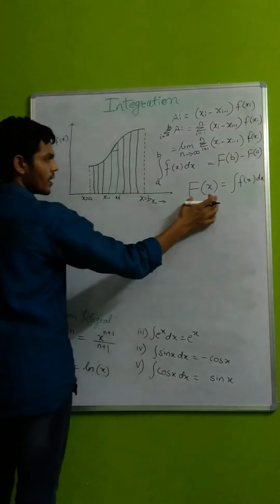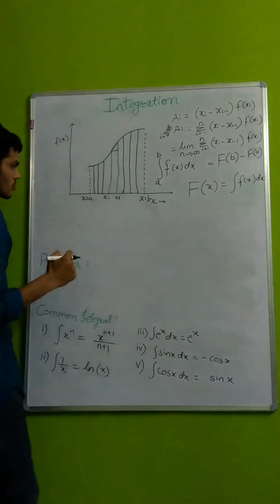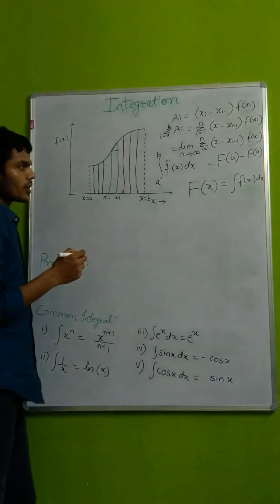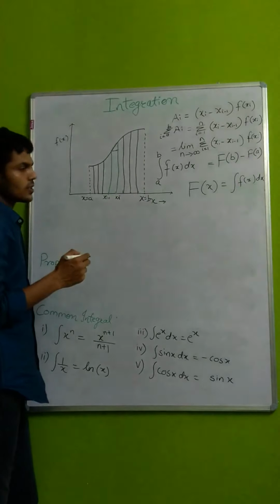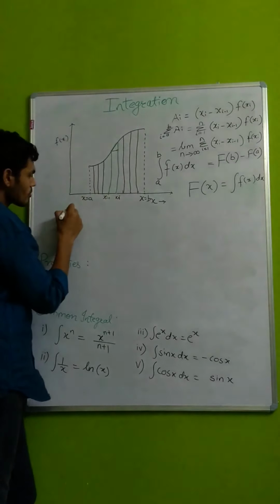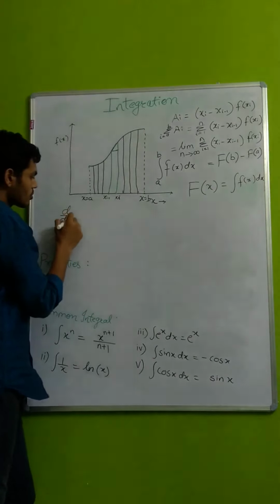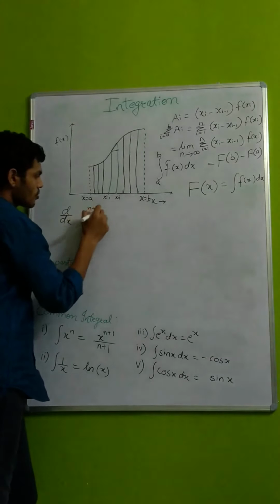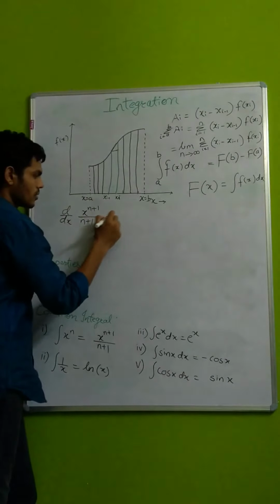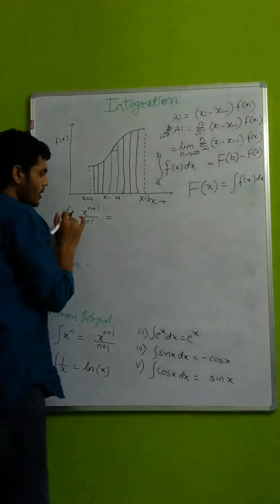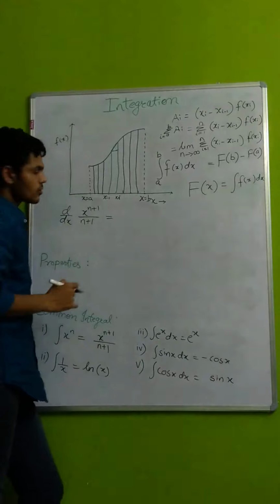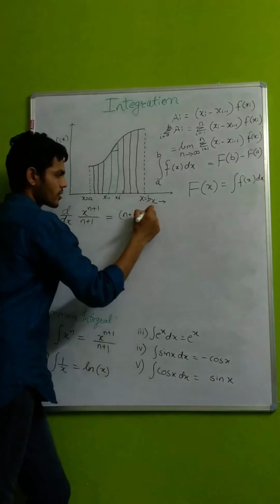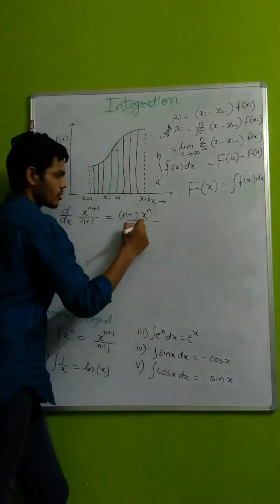Now how can we derive this F of x? Let's say we have studied differentiation in which dy/dx of x raised to power n plus 1 upon n plus 1 equal to, what will be differentiation of x raised to power n plus 1 upon n plus 1? n plus 1 into x raised to power n upon n plus 1.